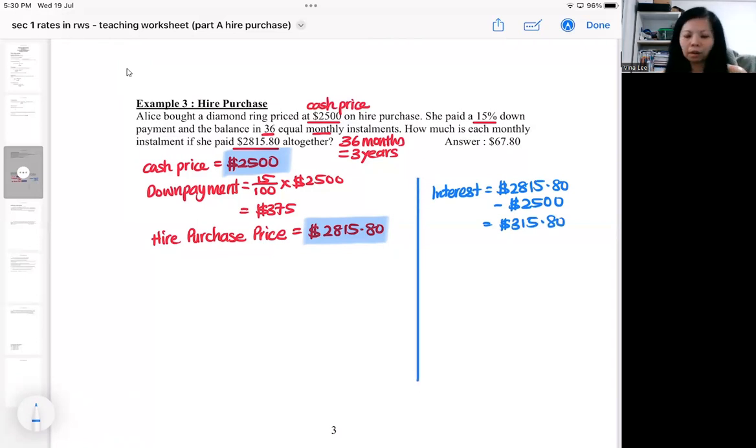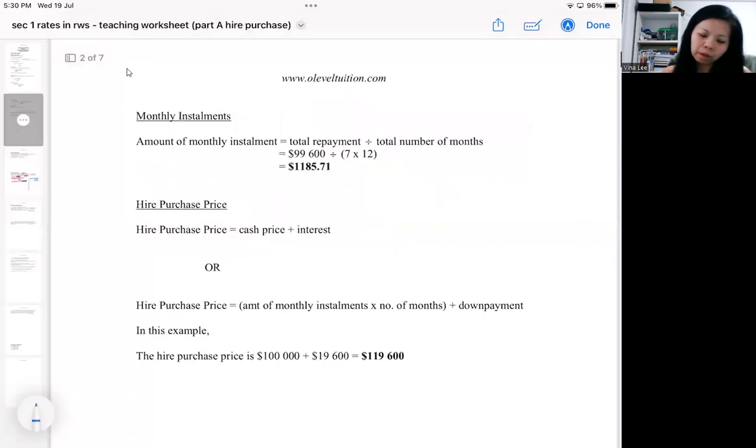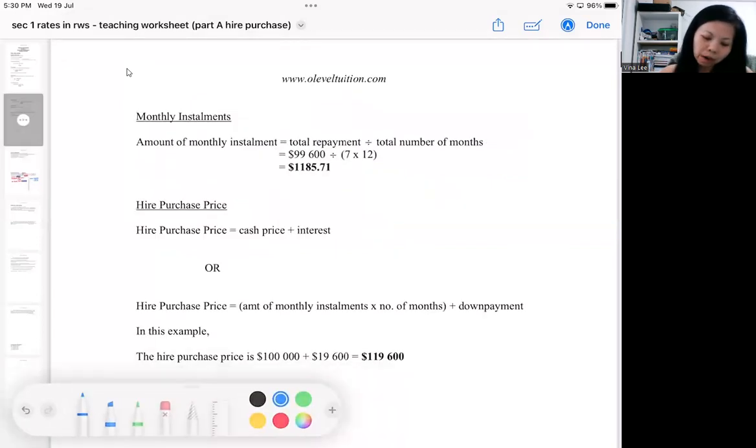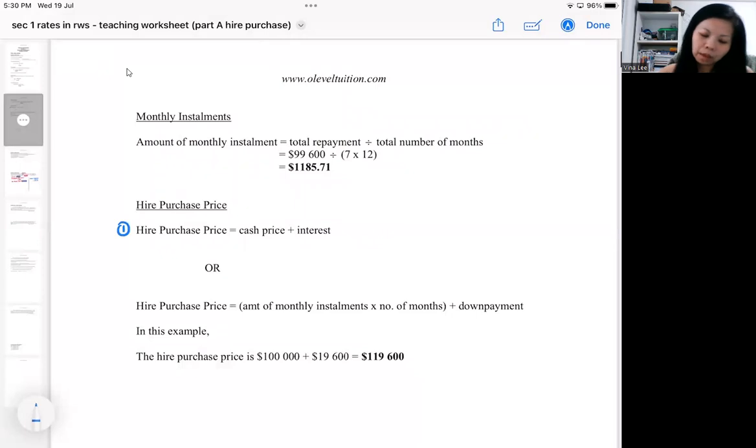Okay, and then the question asks for the monthly installment. So if you want to, you can go back to the formula that we have. There are two formulas for hire purchase price. It can be cash price plus interest, or it can be the down payment plus the number of months multiplied by the monthly installment.